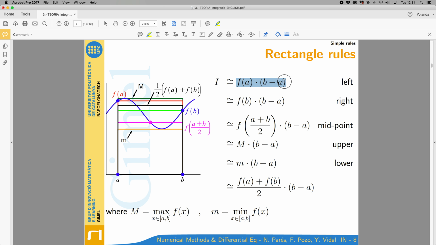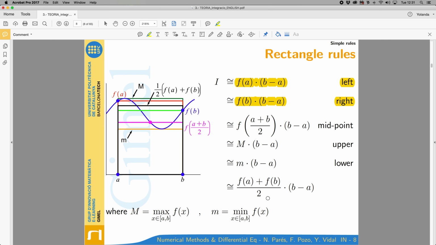In this case, we call this the left rectangle rule. I could use the value of the function at point b, and use that as the height of my rectangle. So then the area would be approximated by f of b times b minus a, and that would be called the right rectangle rule.